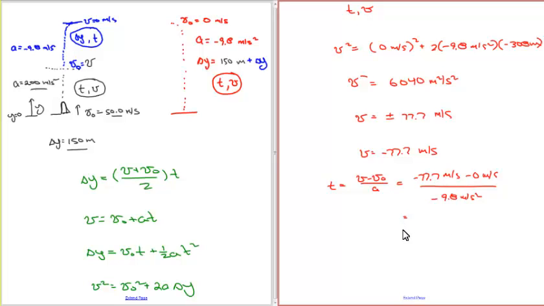So we get 7.93 seconds. So that's that part. Let me just make sure I did all this right again. 308 meters. Okay, I think I did it right.